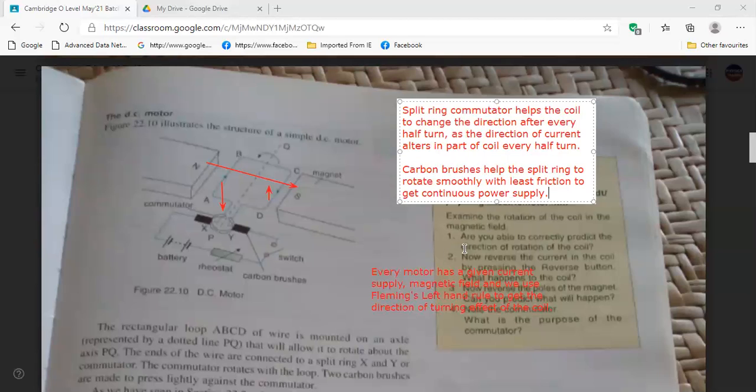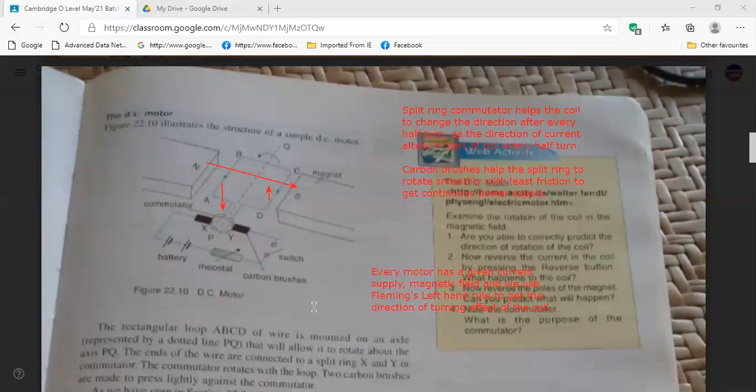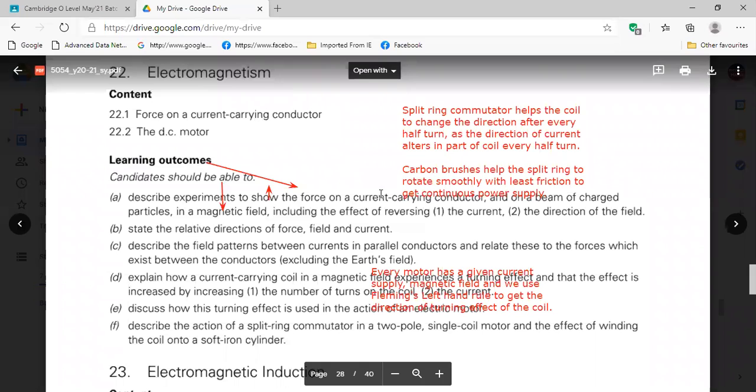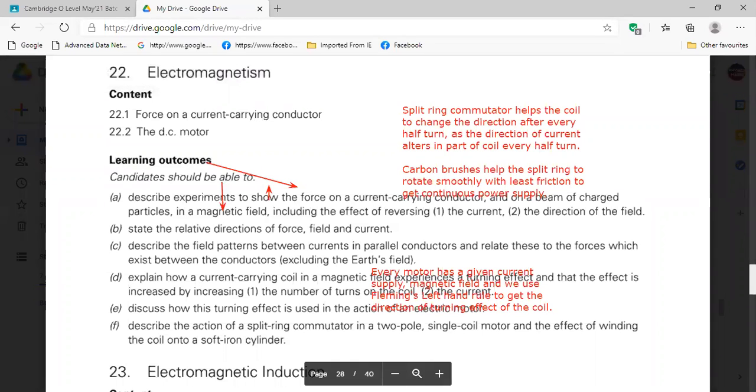Very good. So we are now taking the learning outcomes again. We have here E and F for our learning outcomes for the DC motor, right?